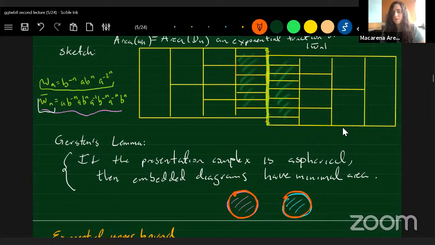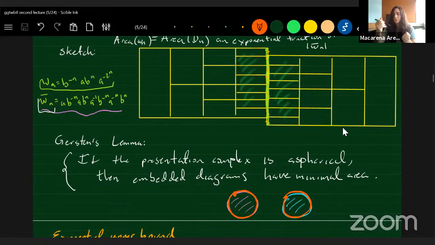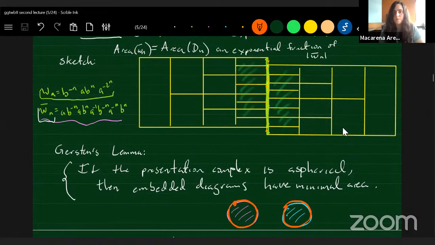But if the complex is spherical, in the universal cover, all the spheres are going to be trivial. And that means that we're going to be able to make a correspondence between the cells of one of the diagrams to the cells of the other diagram. And that's going to prove that the area of the other diagram is going to be at least as much as the area of the original diagram that was embedded. So using Gersten's lemma, we see that these diagrams are optimal.